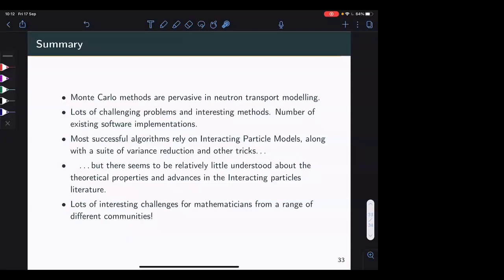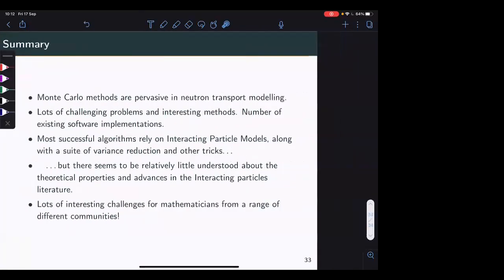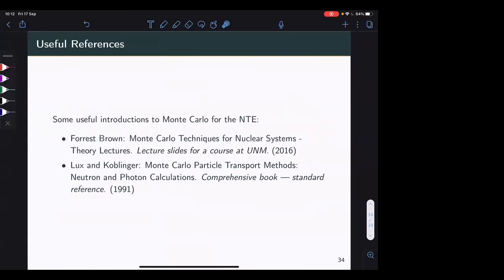There are also a couple of references of stuff I've found helpful in terms of where a lot of this theory is. It's not always easy to find, but there's a couple of handy references for people who want to find out a bit more about it. But okay, I'll finish there.